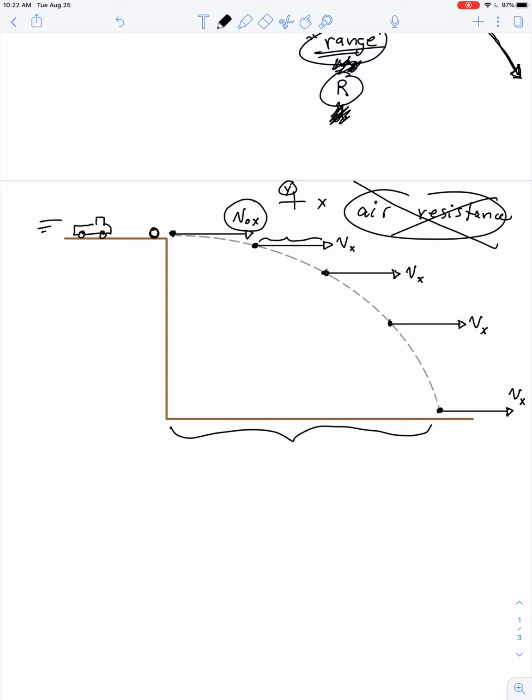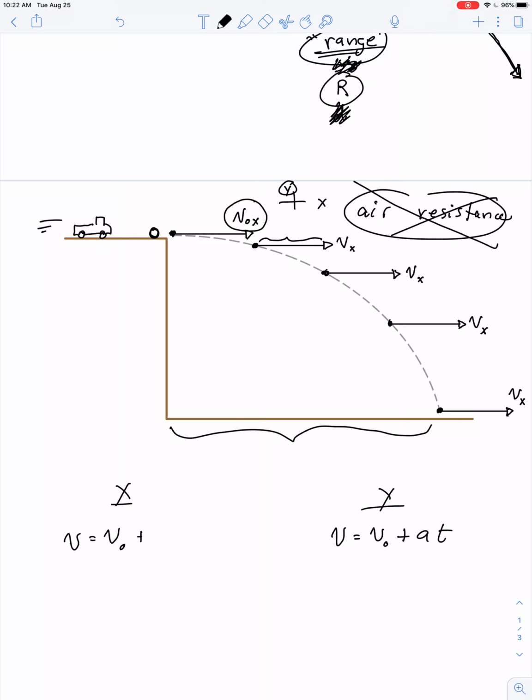In fact, let's take a look at that. Motion along the x and the y-axis are independent. There's another equation of motion we can apply to the y-axis that says final velocity equals initial velocity plus acceleration times time. We can actually apply that same equation to both horizontal and vertical motion.